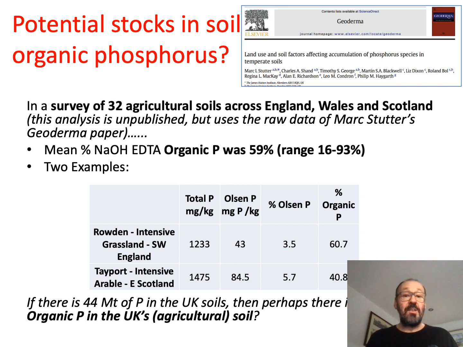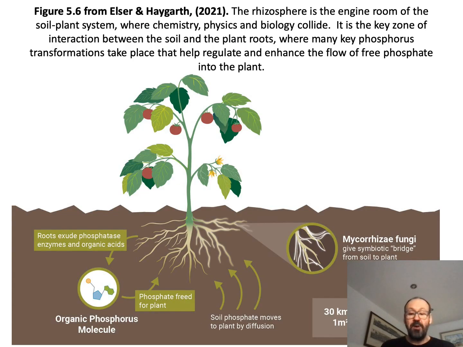There was 84 milligrams per kilogram Olsen's P, which was nearly 6% of the total, but still only a tiny portion, and organic P represented about 41% of the total. Isn't that amazing? And actually I calculated on the back of the envelope that there are about 44 million tonnes of phosphorus in UK soils, and out of that component, a substantial amount would actually be organic.